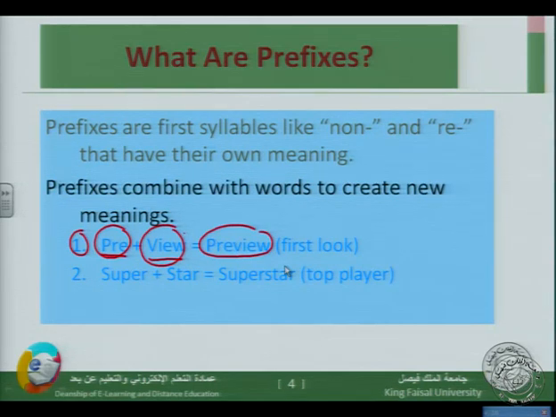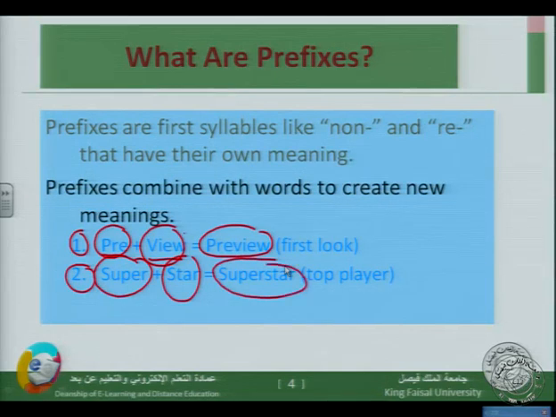So when you add pre to view, you're actually creating a new word and a new meaning. What you should know is that prefixes have their own meaning. Each prefix has a specific meaning. If you look also at the second example, superstar. Super is a prefix and the root word is star.